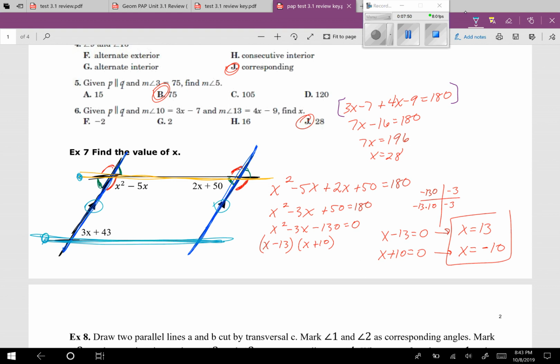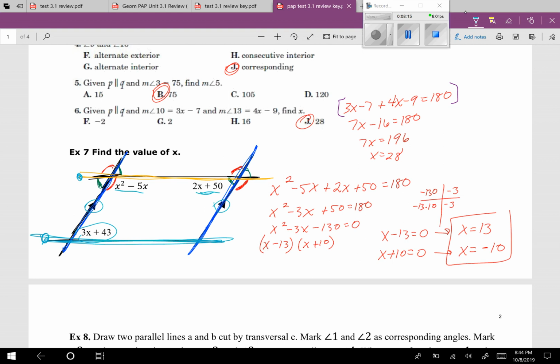If you look on the blue transversal, we only have this one expression there, and I don't have anything over here. So I can't really make a useful relationship. So we're not going to use this 3x plus 43. However, I look along the yellow transversal. I see that I run into this x squared minus 5x and also this 2x plus 50.